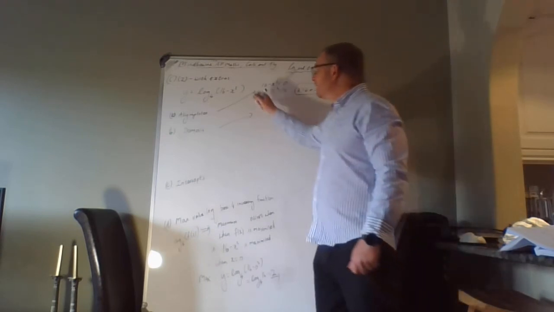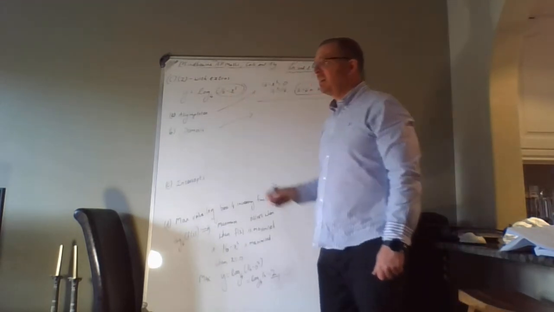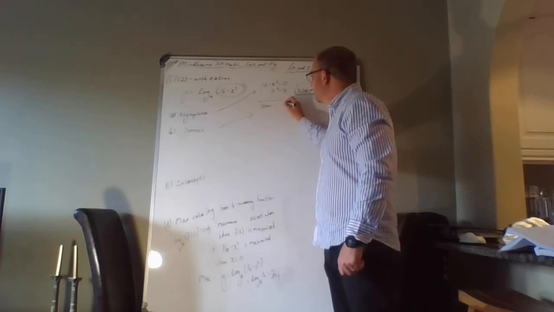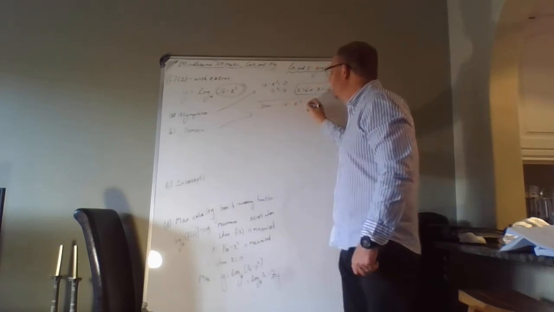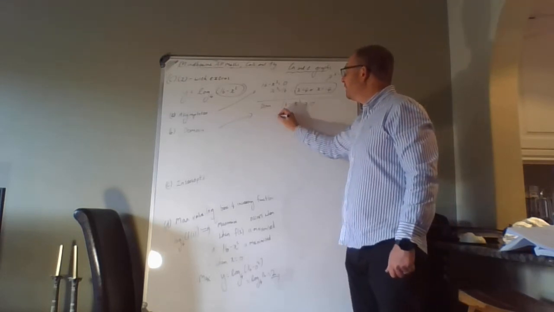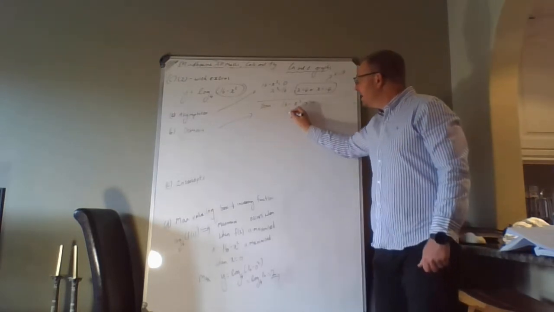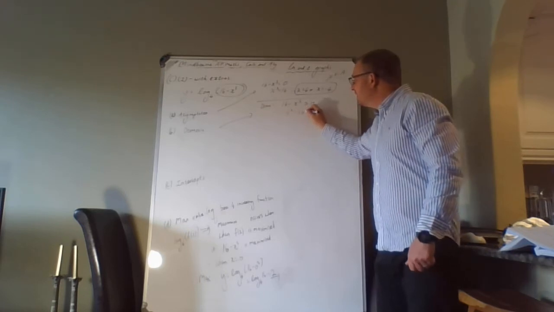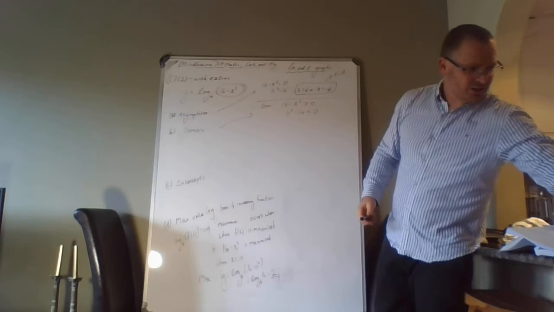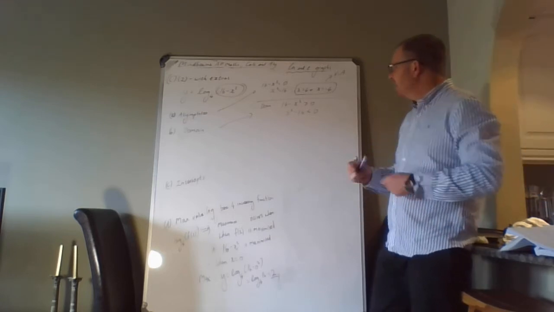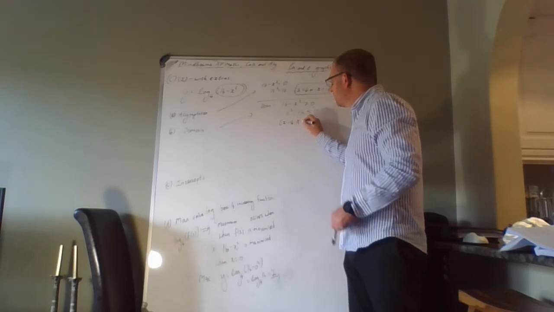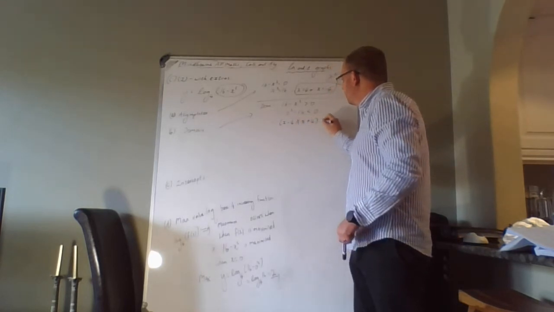Well, the domain will be when that thing inside the log is bigger than 0. So your domain is going to occur when 16 minus x squared is bigger than 0. So in other words, if we divide by a negative, the direction of the inequality changes, when x squared minus 16 is less than 0. And that factorizes to x minus 4, x plus 4.